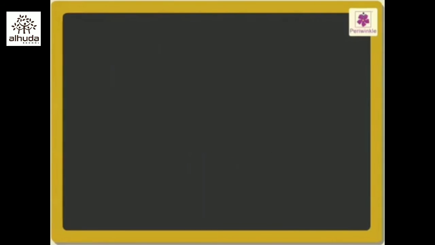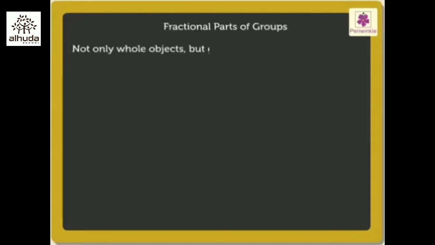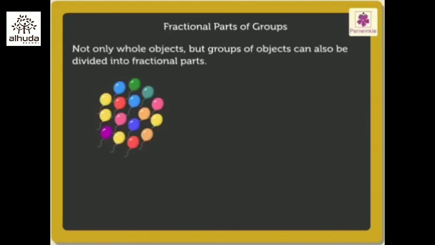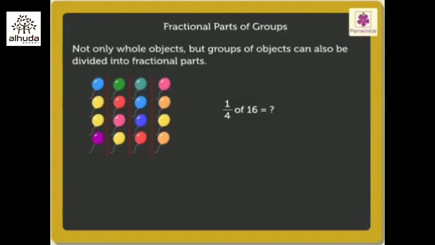Now let us look at the fractional parts of groups. Not only whole objects, but groups of objects can also be divided into fractional parts. There are 16 balloons here. What is 1/4 of 16 balloons? To find 1/4 of 16, we have to make 4 equal groups. Now, we have 4 groups with 4 balloons in each group.